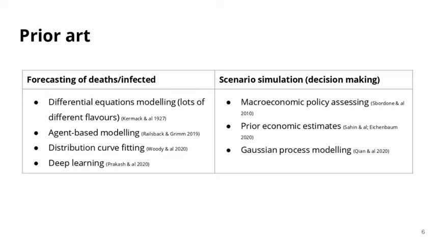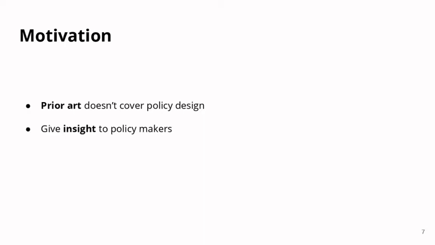But the thing is that in order to do policy design, not only on the economic side, but concretely on the stringency, there hasn't been much effort. So one of the motivations for this project is precisely that there are very few studies that cover policy design in the sense of stringency.